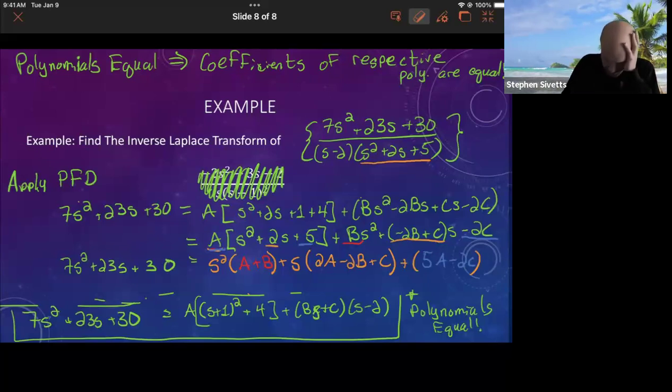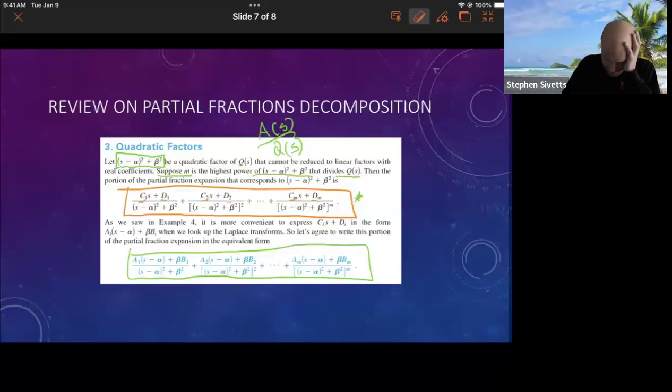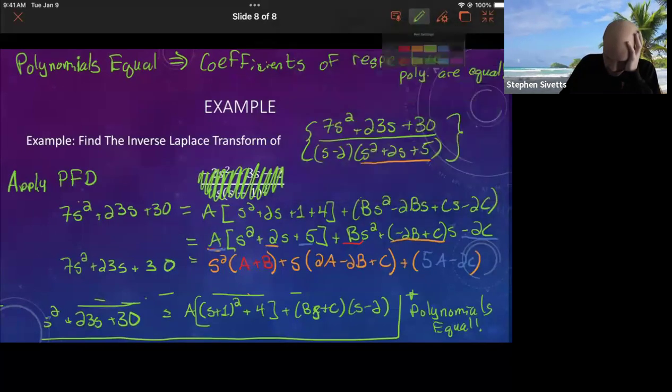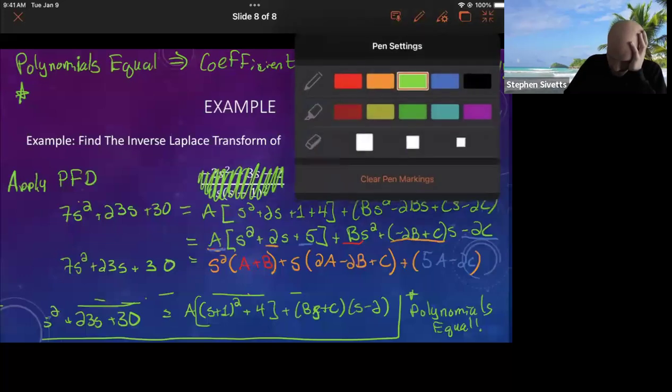All right. So now we're going to use the fact that since the polynomials are equal in terms of s, the coefficients have to be equal.